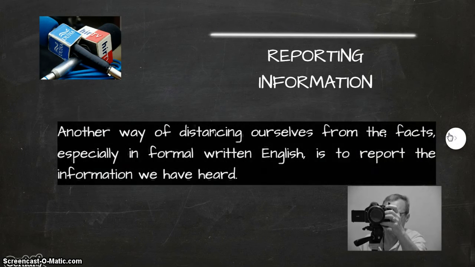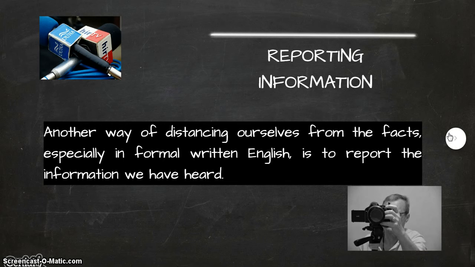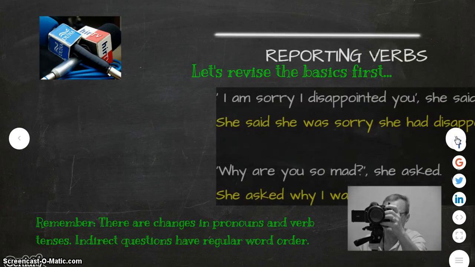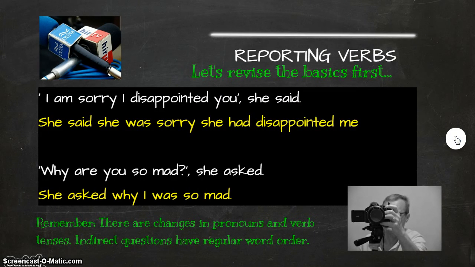Another way of distancing yourself is by reporting the information that you have heard, right? So let's revise the basics. Okay, reporting verbs. Remember reporting verbs? So you take a statement like, I'm sorry I disappointed you, she said, and you're telling someone else that information.